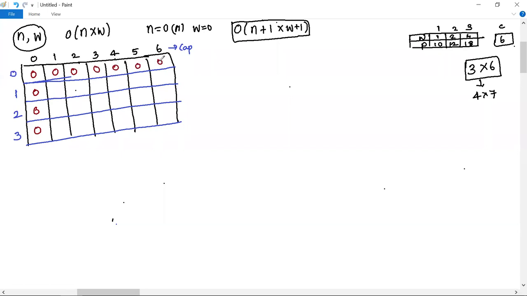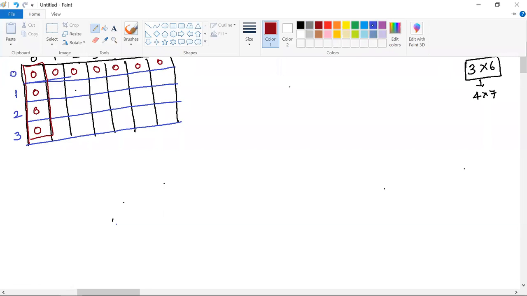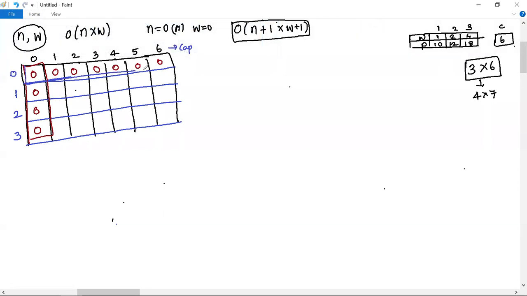That is the base condition. This column is telling that the capacity is 0, so irrespective of the number of objects, the profit will be 0. This row is telling that the number of objects is 0. Whatsoever the capacity, the profit is 0. That is what we know.